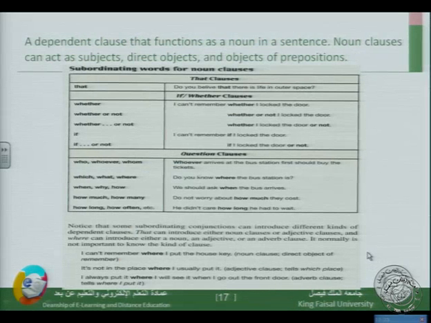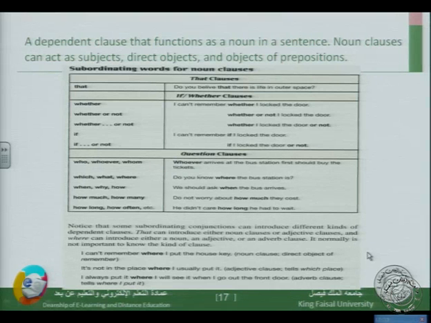A dependent clause can function as a noun in a sentence. Noun clauses can act as subject, direct object, or object of a preposition.